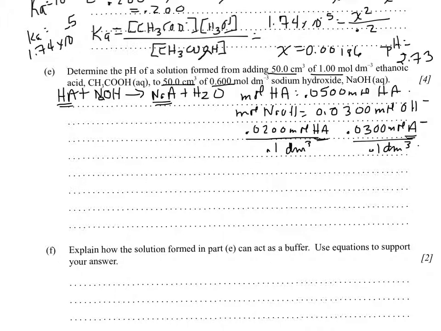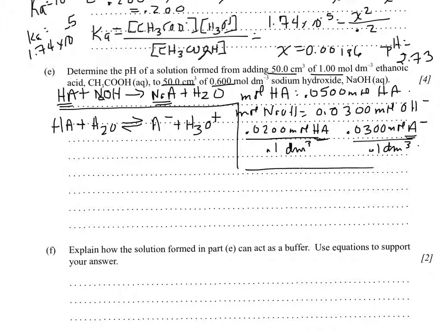All right, setting up my ice table, which would be HA plus H2O in equilibrium with the anion plus the hydronium ion. The concentration of my acid initially is going to be 0.2 molar.